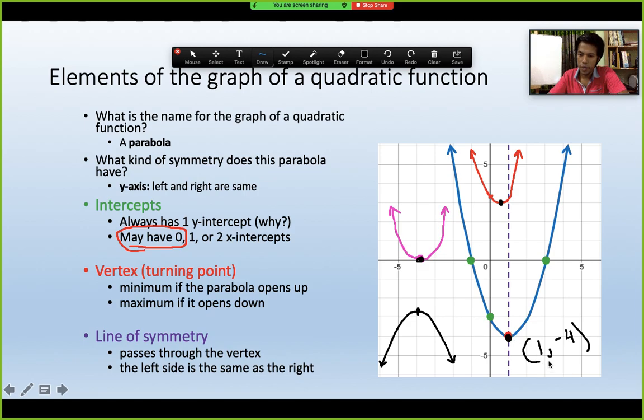You have to just look at the x value of the vertex. This line will be x equals 1. This is the line of symmetry for this parabola. So you have to go to the vertex, and the vertex x value will be the line of symmetry.